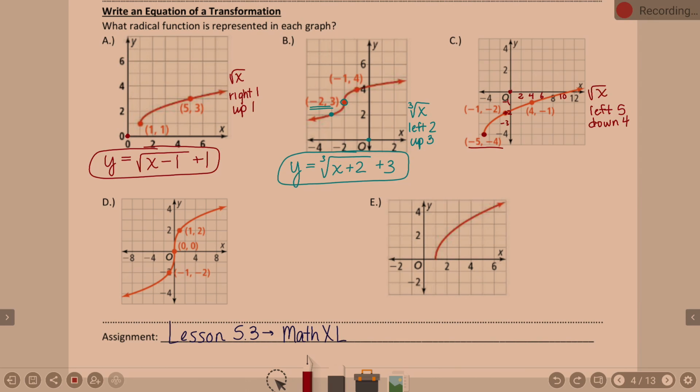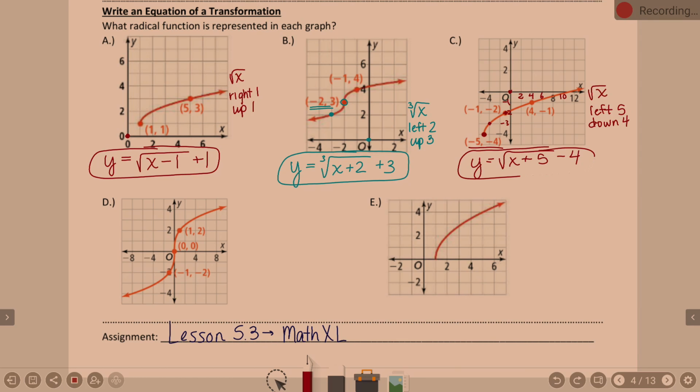Over 4, up 2 is a normal point on the graph. Over 1, up 1 would be going over here to negative 4 and up 1 to negative 3. So there's not actually a stretch. They tricked us, okay? So we just have y equals square root of x plus 5 for left 5 and minus 4 for down 4.